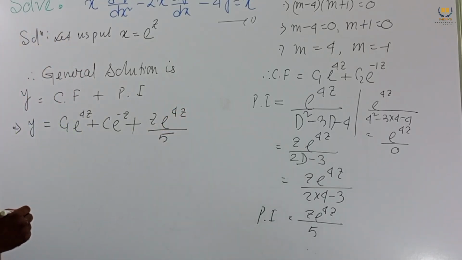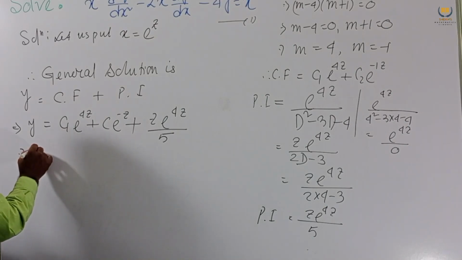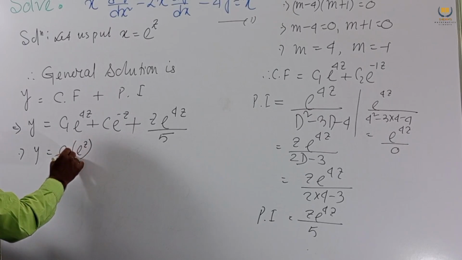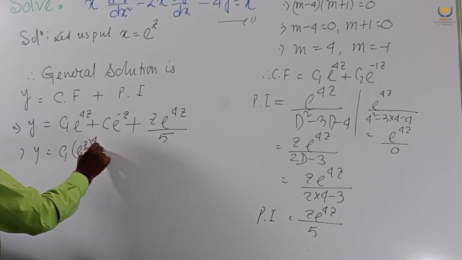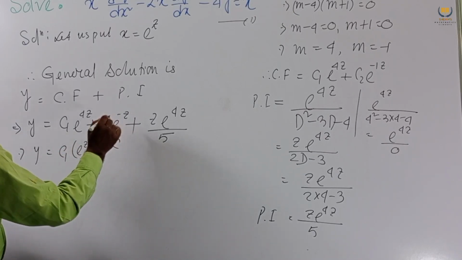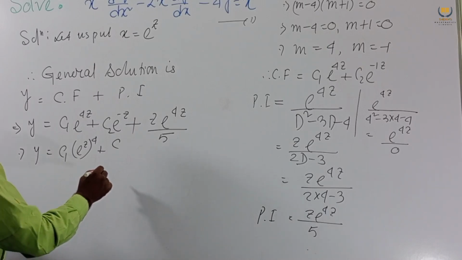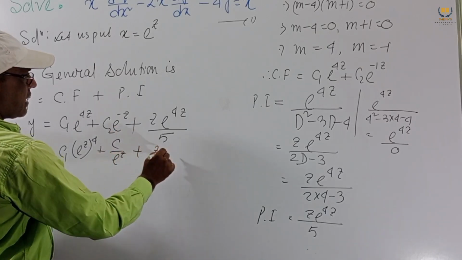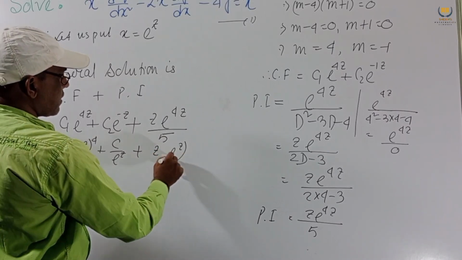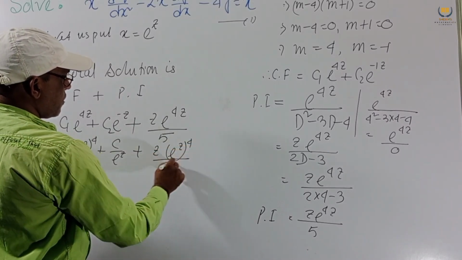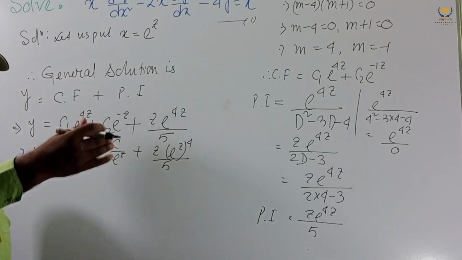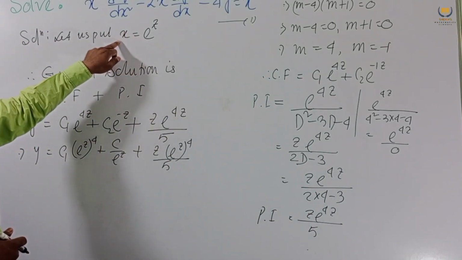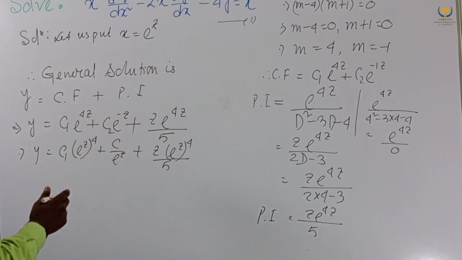This can be written as C1 (e to the power z) whole to the power 4 plus C2 by e to the power z plus z (e to the power z) whole to the power 4 by 5. That we express in e to the power z. But e to the power z means x, as we initially assumed.